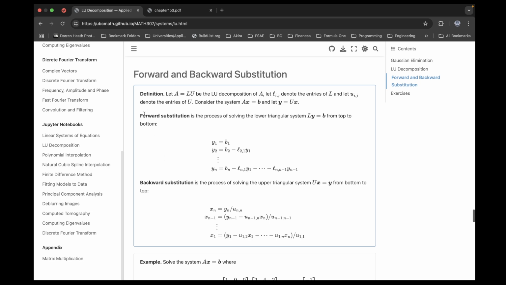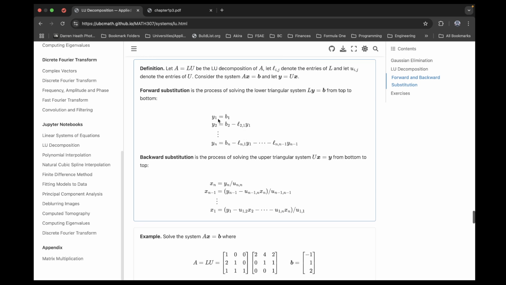So the forward substitution is a process of solving the lower triangular system Ly equals B from top to bottom. So y1 equals b1. This is row 2, column 1.